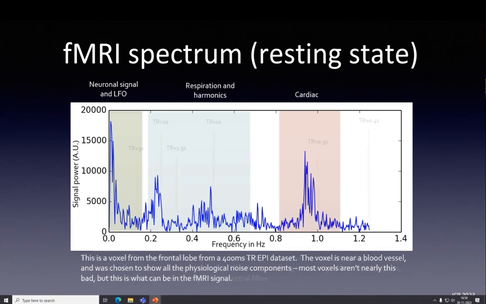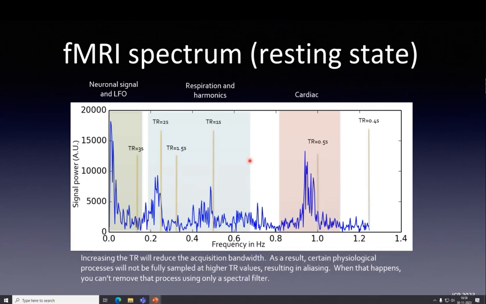And this just shows you what various TRs are going to get you in terms of aliasing. With a TR of 4 seconds, you get everything up to the primary of the cardiac signal. You're not going to get the harmonics, but as you go down into this band in the blue, as long as you're better than about 800 milliseconds, you can fully catch the respiratory band.